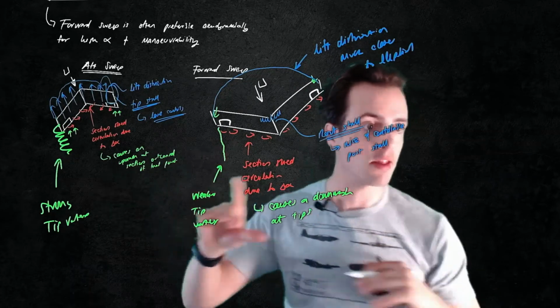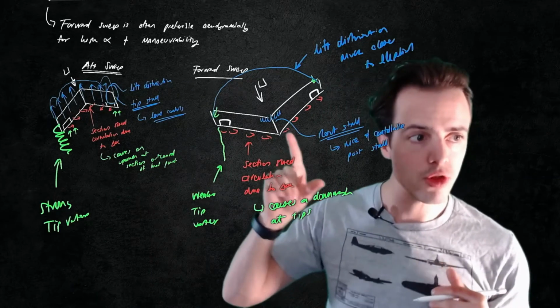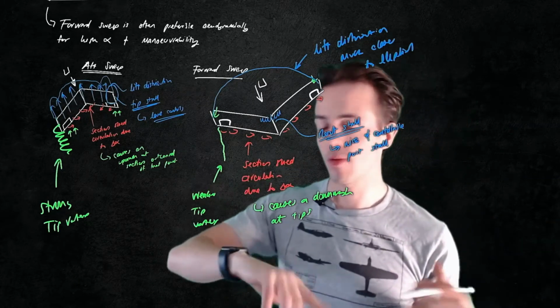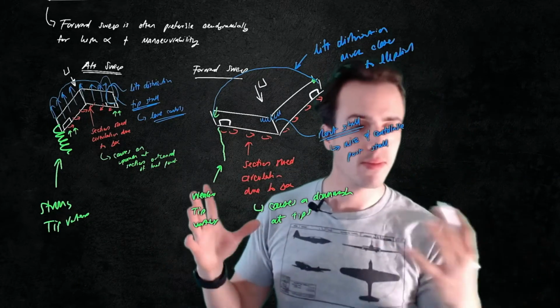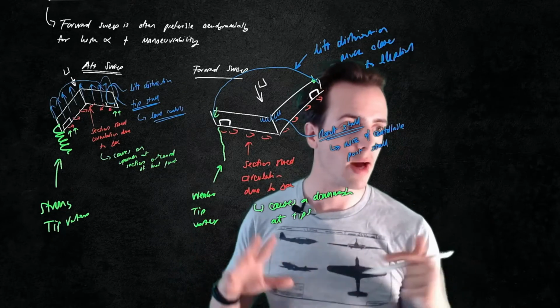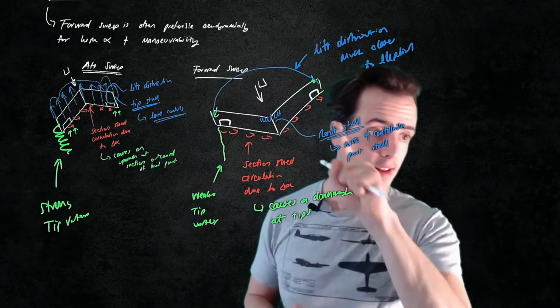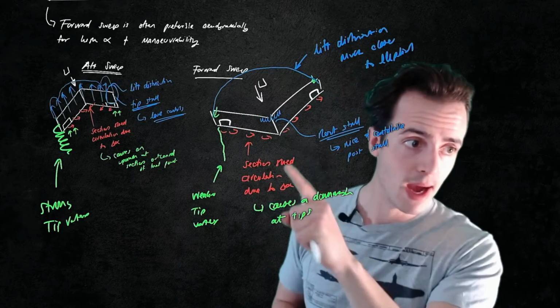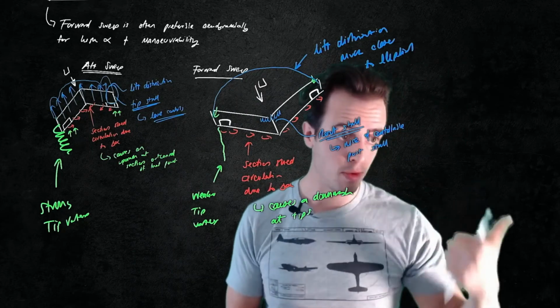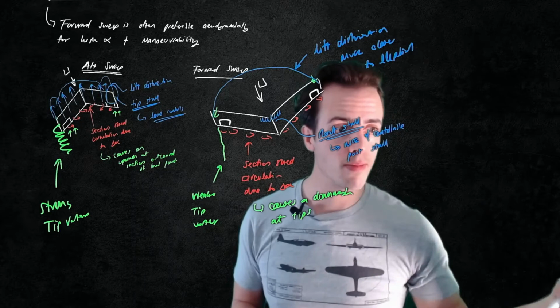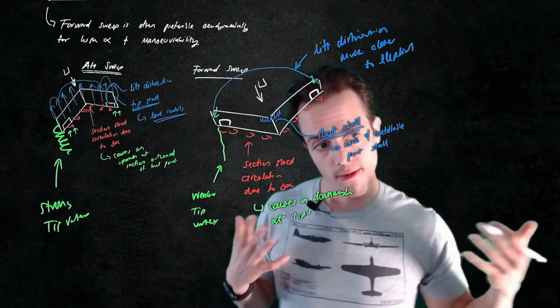but I want you to understand that if sweep was just about improving aerodynamic performance and for the idea of having this reduction in critical Mach number, and it was purely an aerodynamic effect, then forward sweep would be better because it often increases controllability and maneuverability post stall, and there's also this performance benefit.